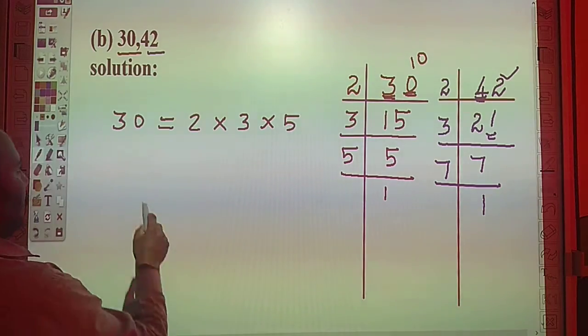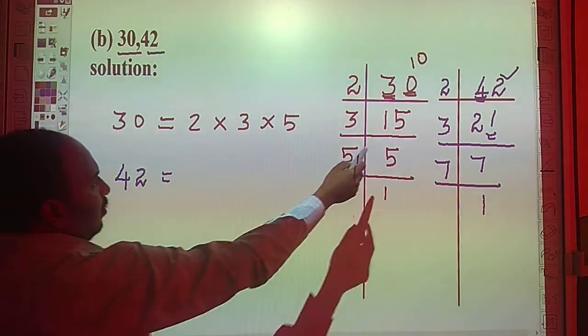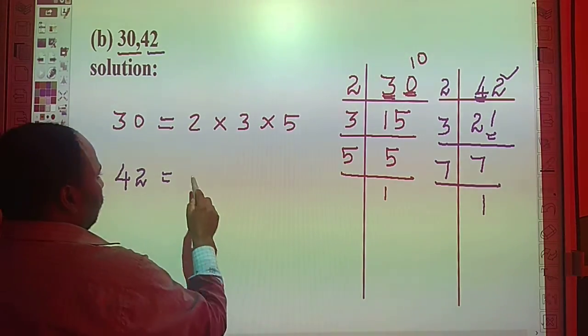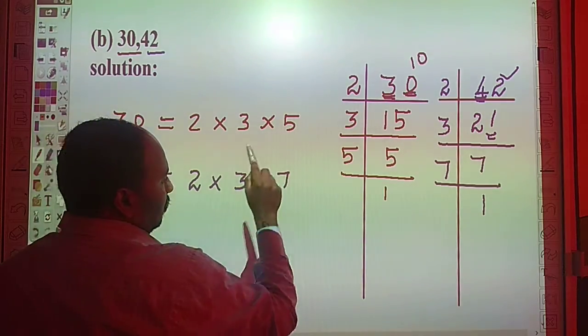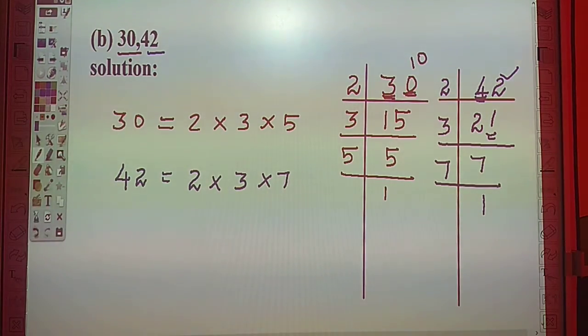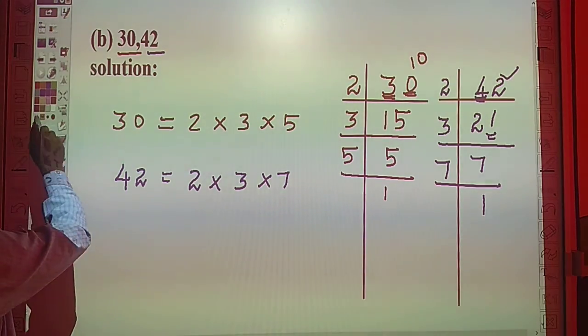So our factors are 2 into 3 into 7. So you want the HCF of 30 and 42.